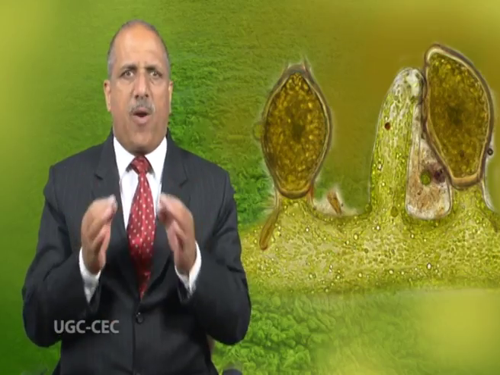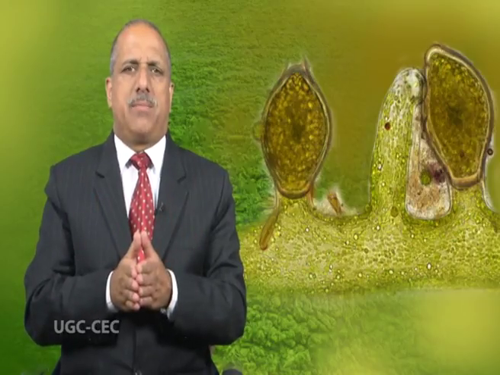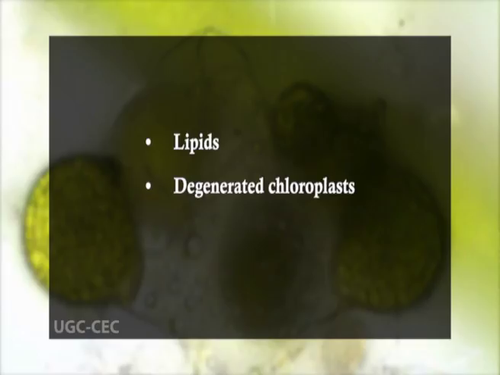There is a well developed siphon like central vacuole within the filament. It runs throughout the length of the thallus except near tips. The vacuole is filled with vacuolar sap that contains lipids, degenerated chloroplasts and crystals.